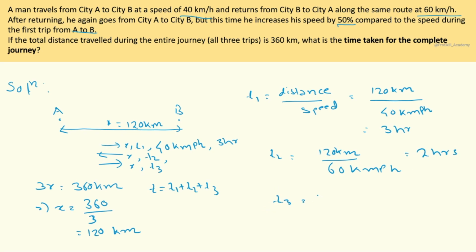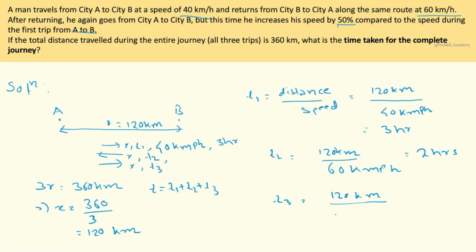Then t3 is equal to 120 kilometers divided by the speed during the second journey from A to B. Now here the speed is 50% more compared to the speed during his first trip from A to B. During the first trip his speed was 40 km/h, hence the speed now would be 150% of it. Why 150%? Because 50% is increased and the original speed is 100% of 40 km/h.